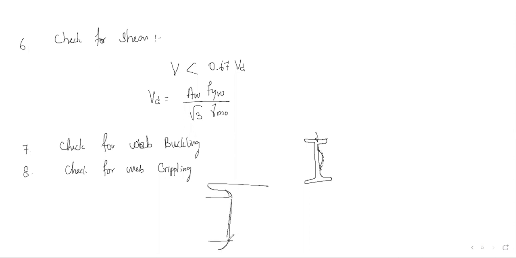Here the load has to transmit uniformly, otherwise at this portion or before this portion we may get a chance of failure. That is called web crippling. So whether our section is safe against crippling or not, that is also something we are going to check.